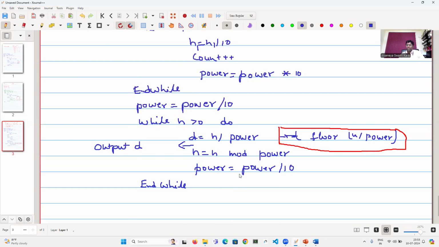So if you do power equal to power by 10, it will be 10 to the d minus 2. For the next iteration, it will be 10 to the d minus 3, like that. Eventually, we'll extract all the digits, and when n becomes 0, we have extracted all the digits and displayed them.